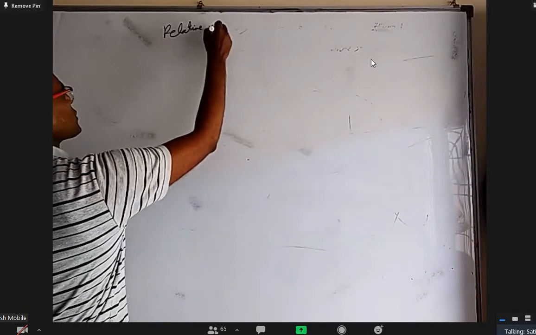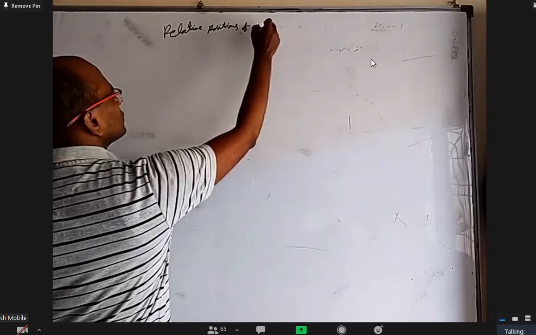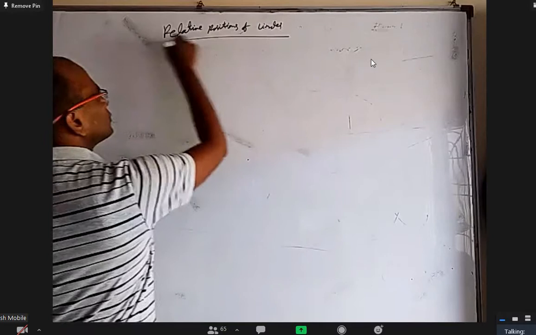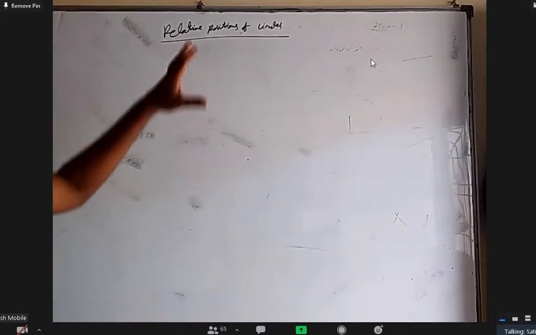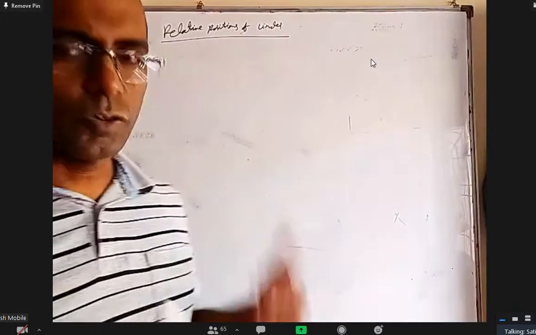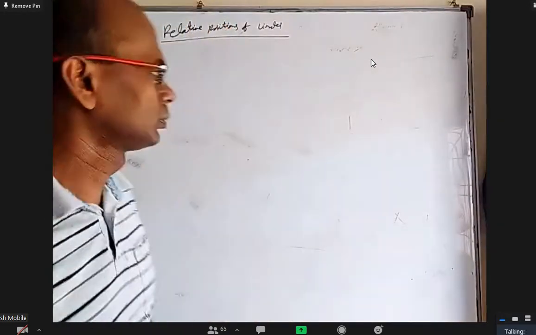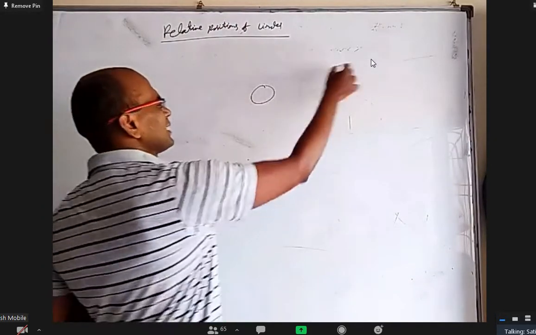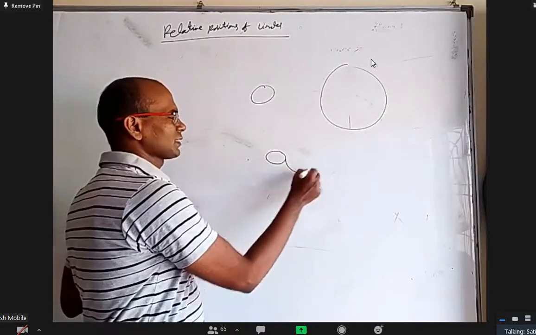Relative positions of circles. Before writing anything, when two circles are given to you, they can be completely separate like this. They can touch like this.